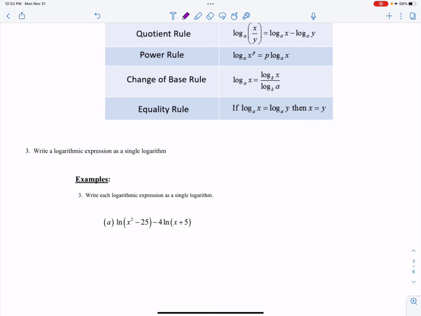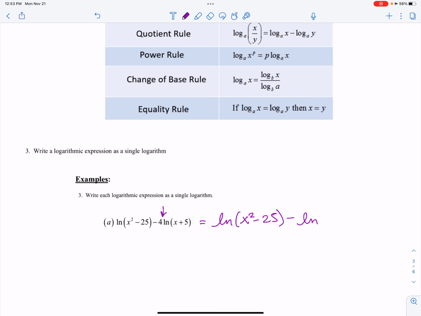Well, let's start by making them both single natural logs. What I mean is, I don't want this one to have 4 natural log. I just want them both to be 1 natural log. So here we have natural log of x squared minus 25 minus, and then if I use that power rule and I have the number out front of my log, I can rewrite it.